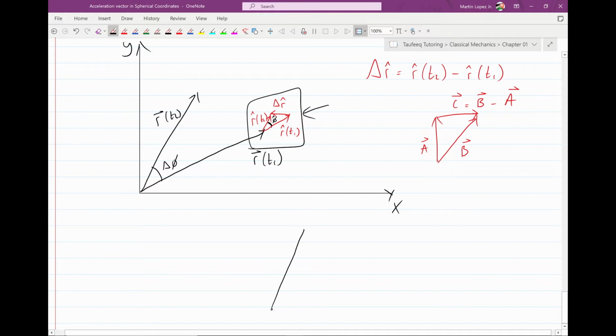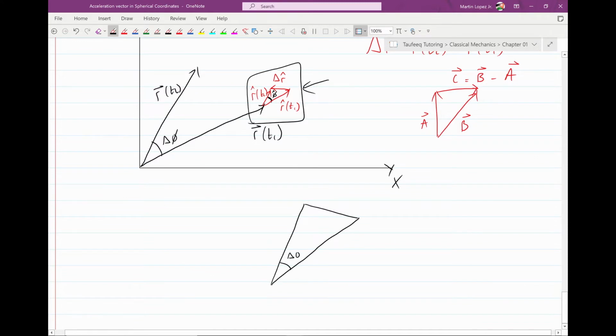If we zoom in and look at this, we have delta phi, this is delta r hat, and what is this length? This is 1, because the unit vector, by definition, has length 1.